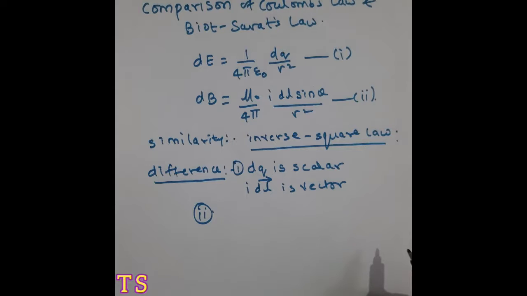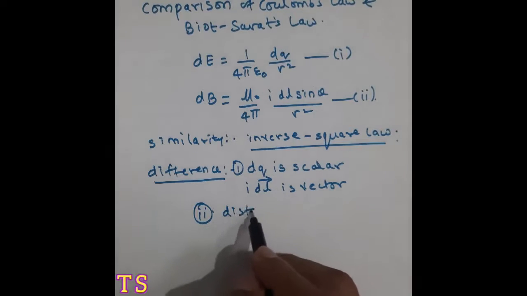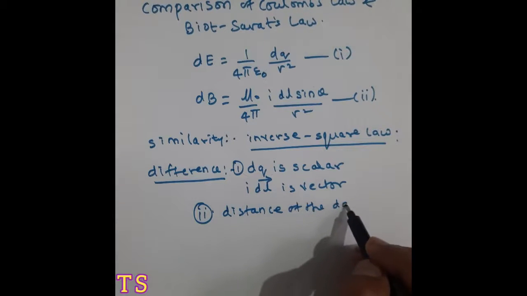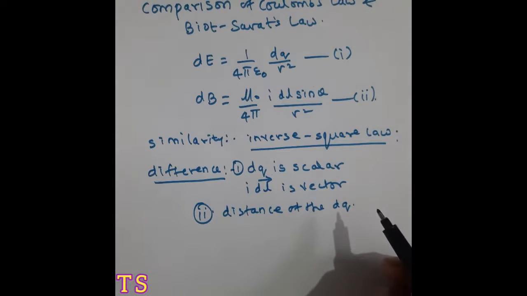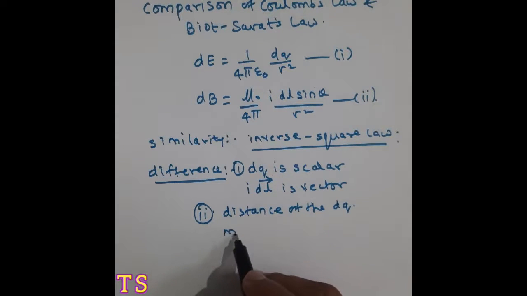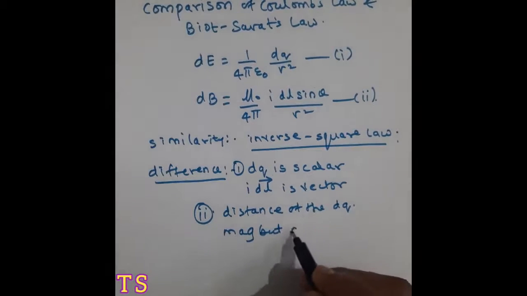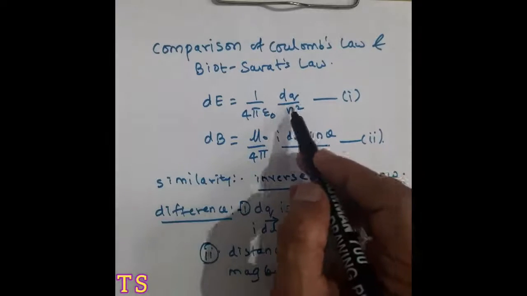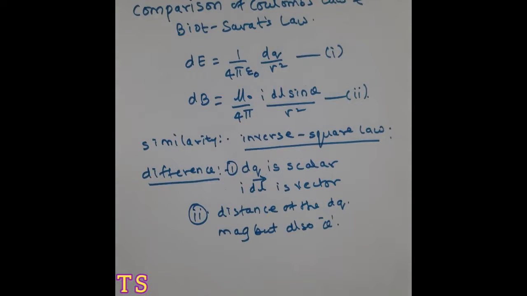In Coulomb's law, the magnitude of the electric field depends on the distance of the charge element dq up to point P. But according to Biot-Savart law, it depends not only on the distance but also on the angle, whereas in the electric field it doesn't depend on the angle. So it depends on the angle with the current element I dl.